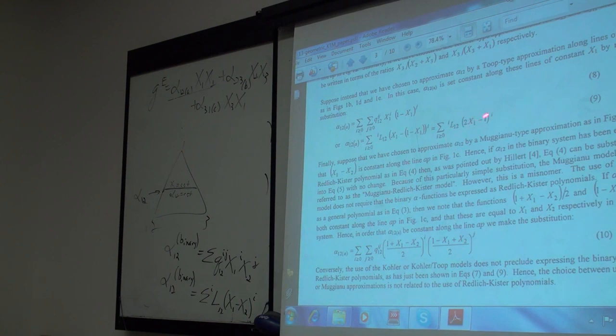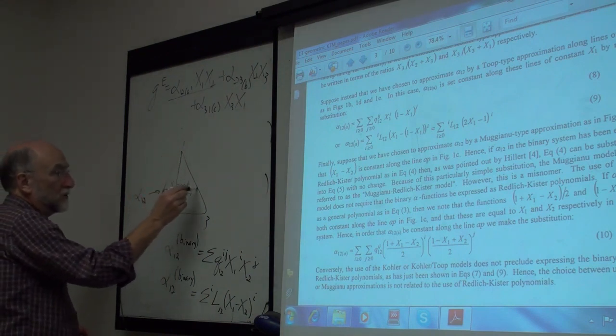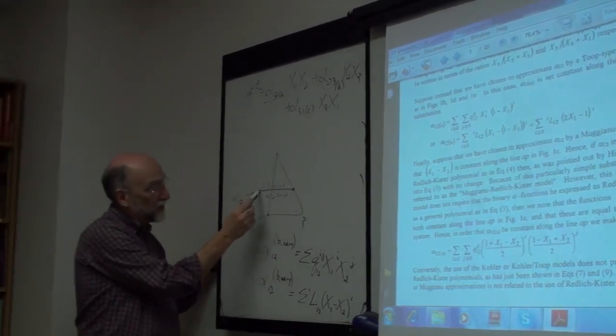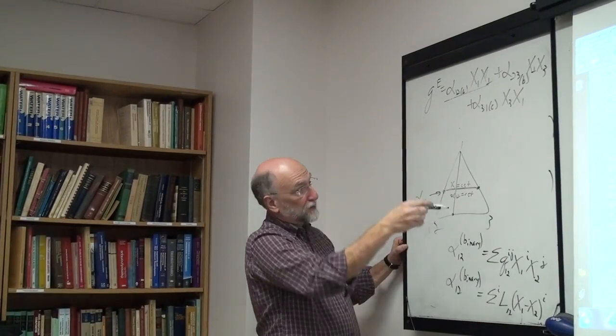Or you do Redlich-Kister, it comes out this way. x1 minus x2 is replaced by 2x1 minus 1. This expression then is equal to the binary expression here, and it's constant along that line. And then if I'm using the Kohler method, alpha 1,2 is constant along that line, so alpha 1,2 you replace by that expression.